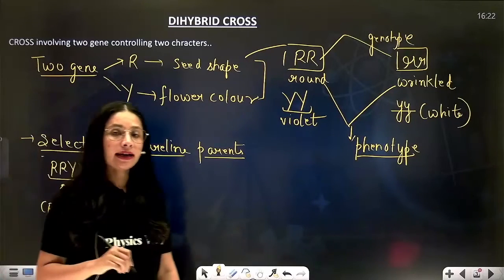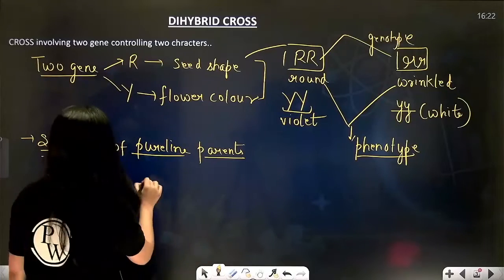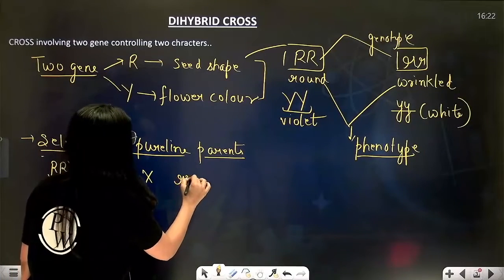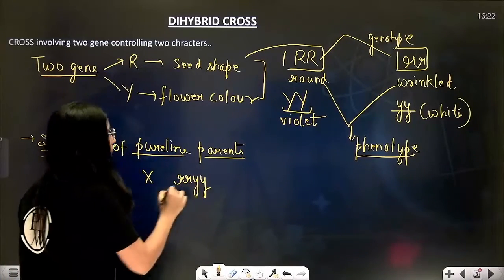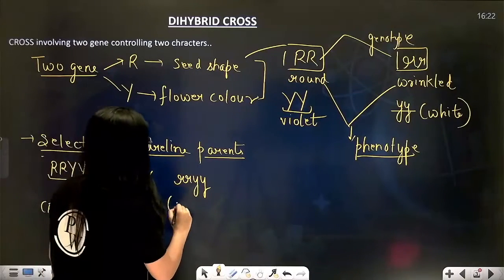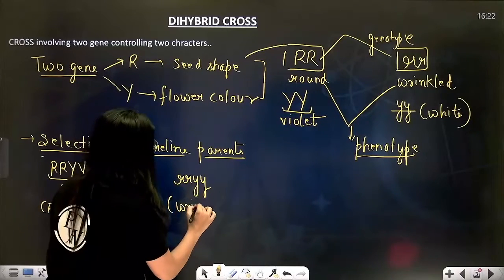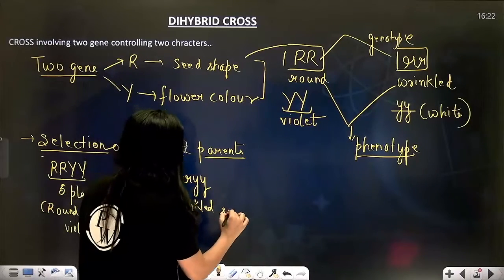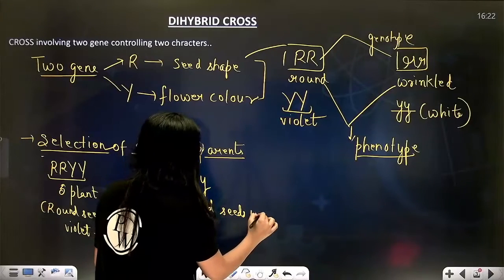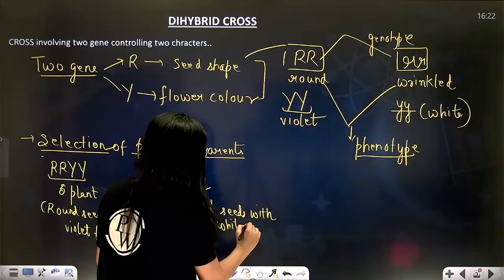Correct? Now, this male plant will mate, doing cross-pollination, with a homozygous recessive pure line for both the genes. So the genotype will be this, small r, small y, and the phenotype will be wrinkled seeds with white flowers.